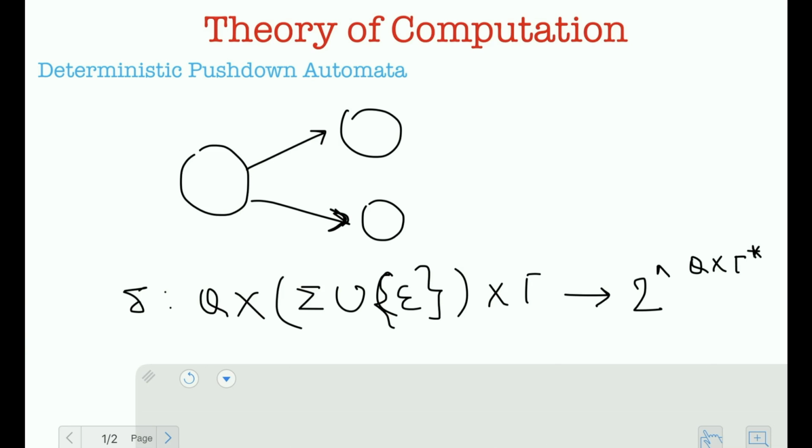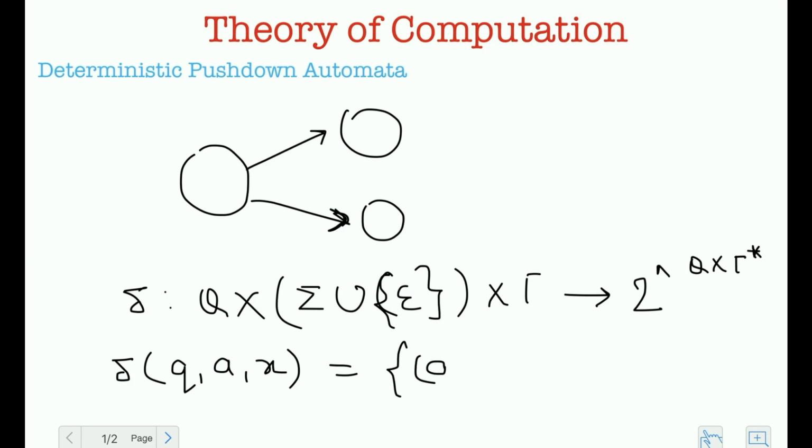So what we are saying is that there might be some cases where I have something like this. We have delta of q comma a comma x is equal to a set which is some q1 comma x1 and another element is q2 comma x2, which means that from a given state based on the same input symbol and the same stack top, I can move to two states.